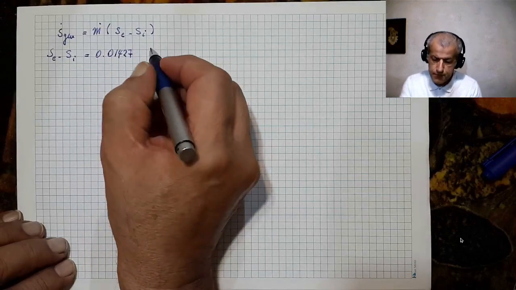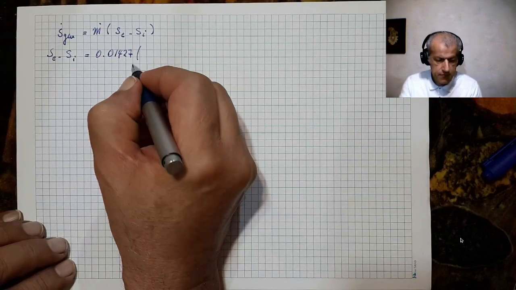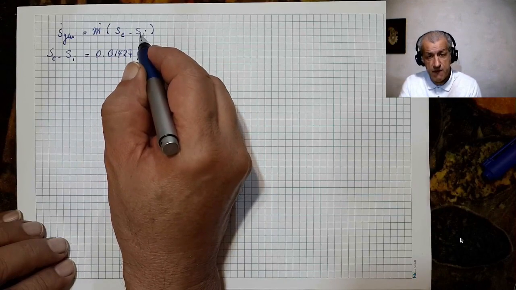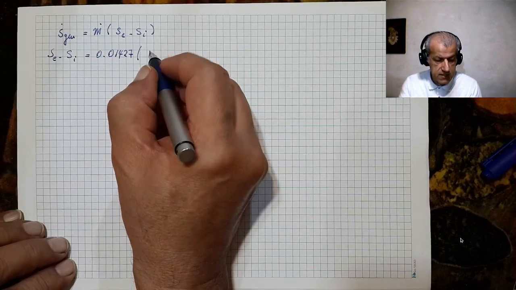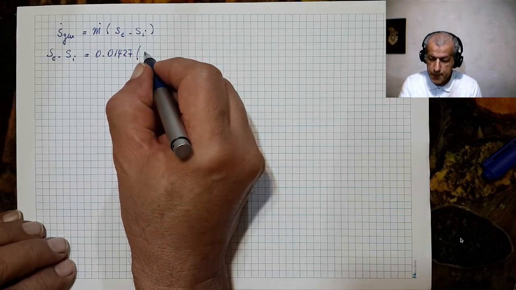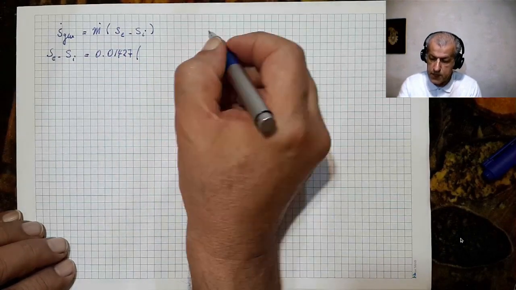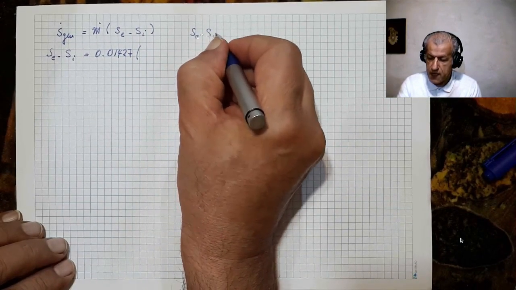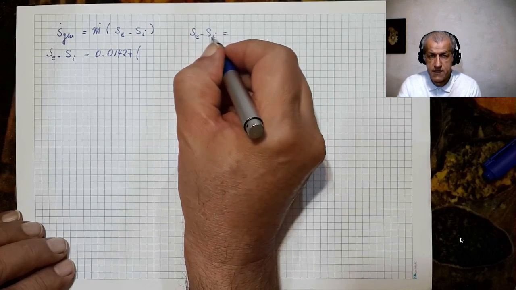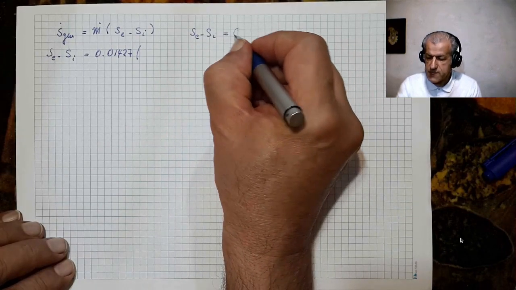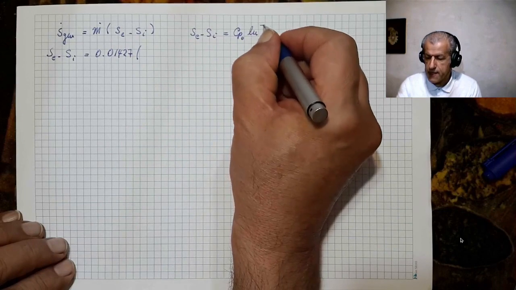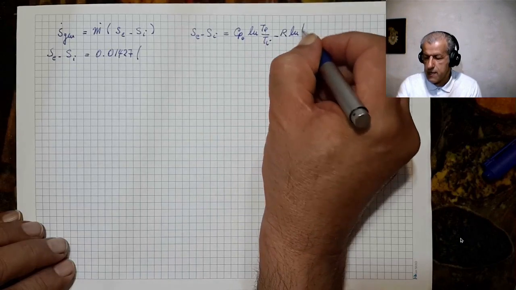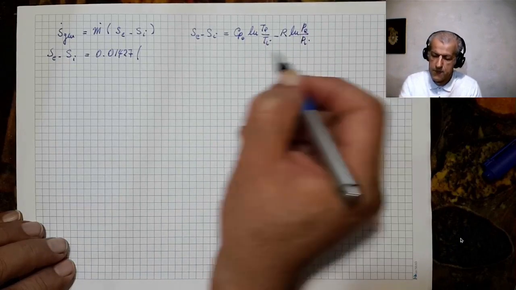0.01427 times delta s, which for perfect gas, we have a very good equation for it, which is Cp0. I would write the equation for it: se minus si, and these are not capital S, these are small s, equals Cp0 ln T over Ti minus R ln P over Pi.